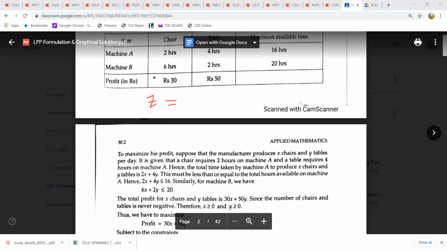You have chosen X number of chairs and Y number of tables, so the total profit will be 30x plus 50y. And this is a problem of profit. So our objective function is of the kind of maximization.